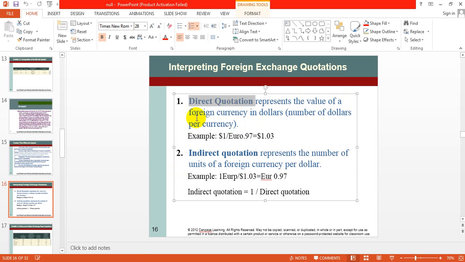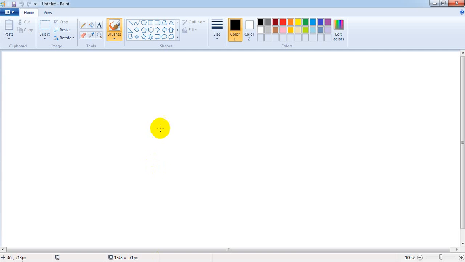Direct quotation represents the value of foreign currency in local currency: 1 unit of foreign currency is equal to how many units of local currency?